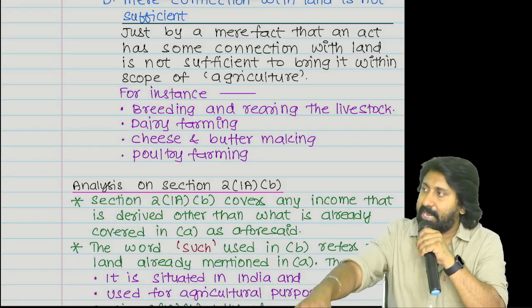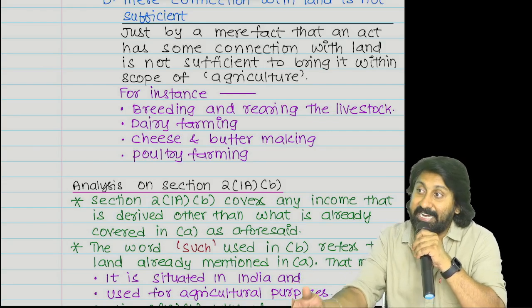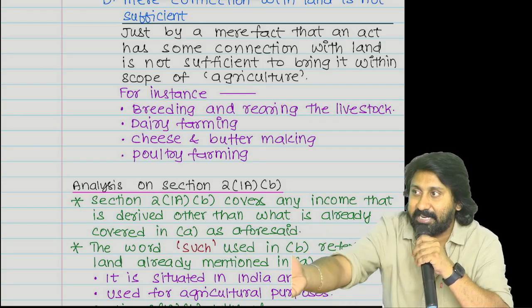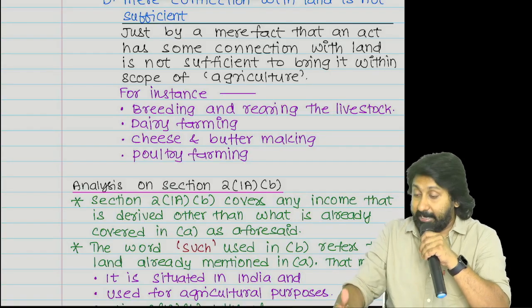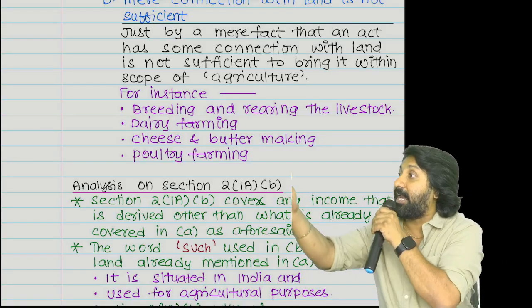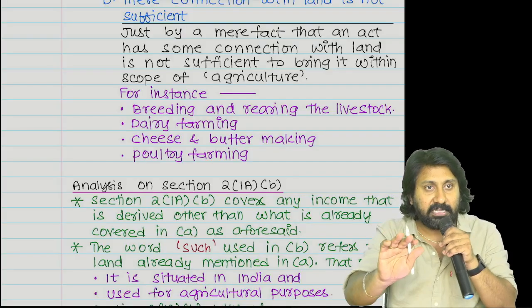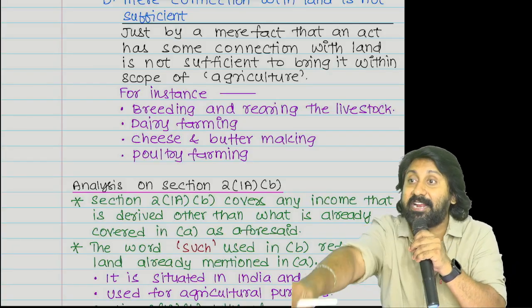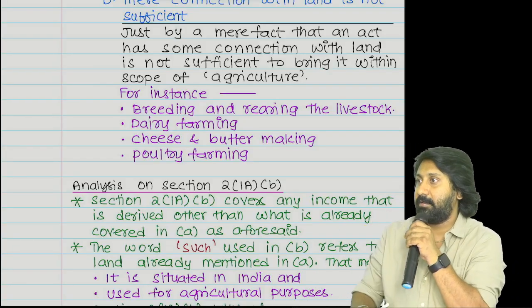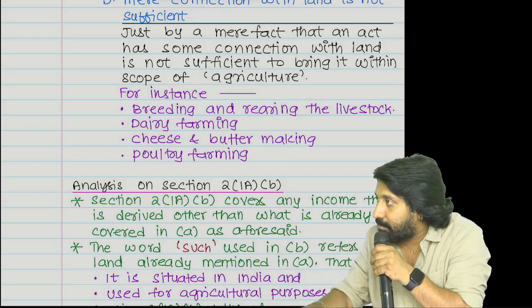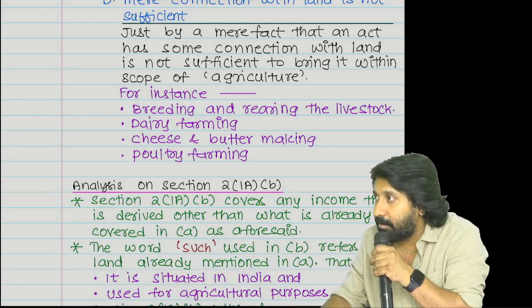Dairy comes from animals. Animals eat agricultural produce, leaves and other things. Therefore, whatever dairy is produced will also be treated as agriculture? No, dairy never becomes agriculture because milk doesn't come from agricultural land.